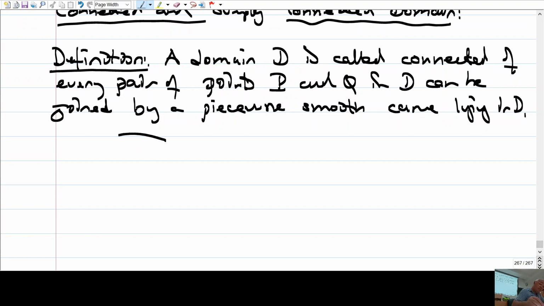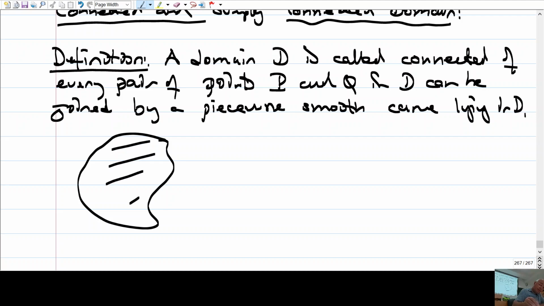So, for example, something like this is connected, okay? Because whenever I choose a pair of points, let's say P and Q, I can join them by a piecewise smooth curve. This is also connected.